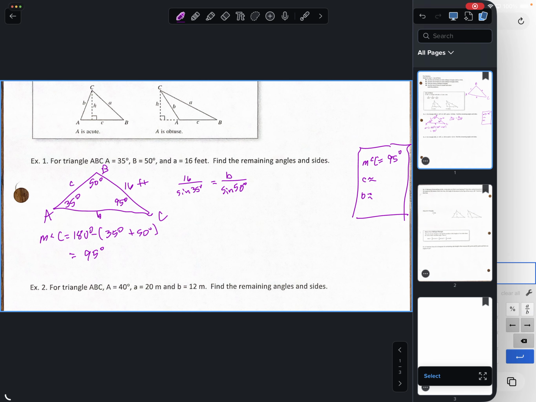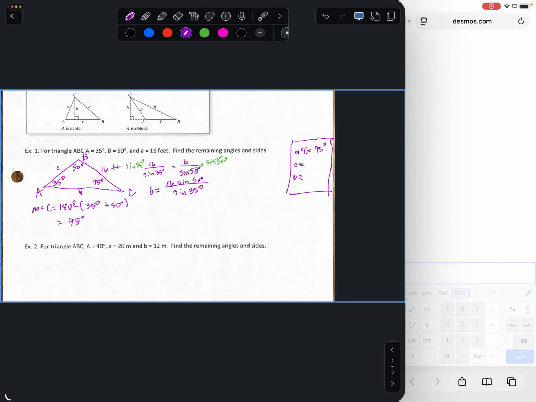And to solve for b, you are just going to multiply by the sine of 50 degrees, and those cancel. I'm going to put b on the left. And you're just going to take 16 times the sine of 50 degrees and divide by the sine of 35 degrees.